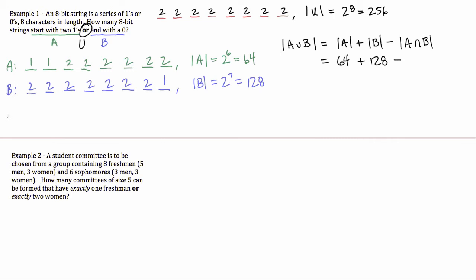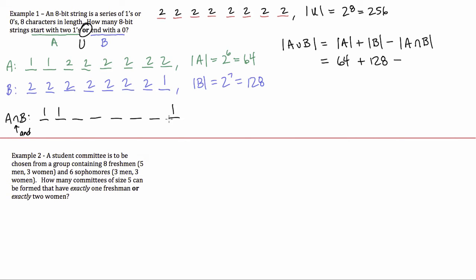But the question here is, what is A intersect B? And what does that even mean? Well, A intersect B as a set, you should think of the intersection as the word AND. So to belong to the set A intersect B, the strings have to obey the rules for A as well as the rules for B. And so what that means is the string that we're looking at here will have 8 characters, but like A, the first 2 slots have to be 1s, and like B, the last slot has to be 0.